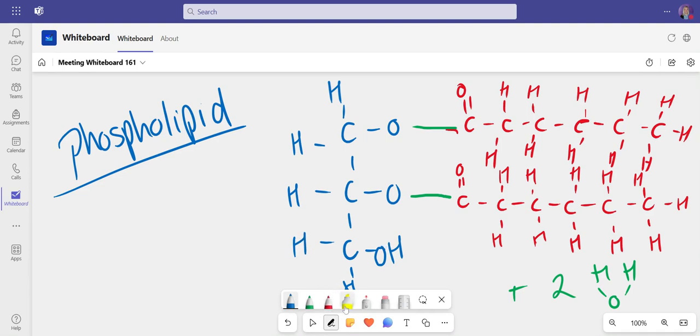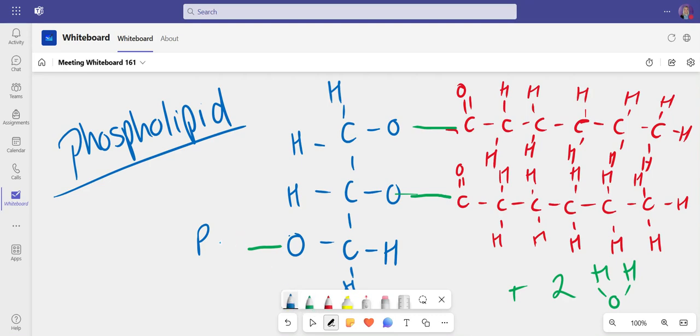Now the way we draw it in a phospholipid, what we say is that actually those two swap. So we've got the hydrogen on this side and we've got the OH here. And then from the phosphate group that joins on, part of forming that reaction gets rid of the oxygen, so then we've still got the O going off to the bond. It's the same as that structure really on there, just we're drawing it out the other side.